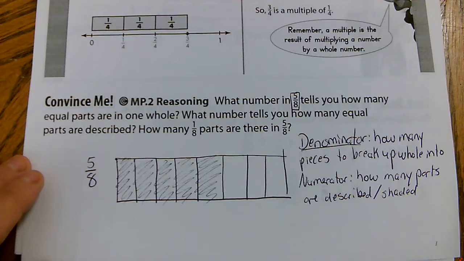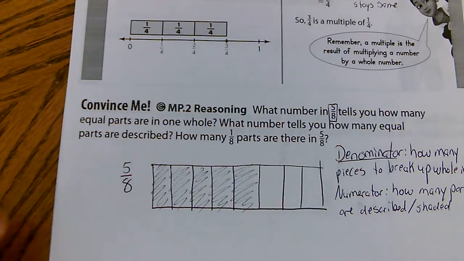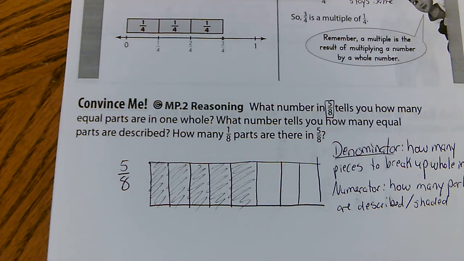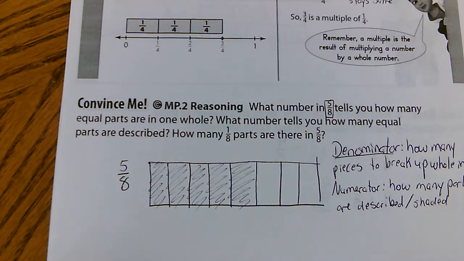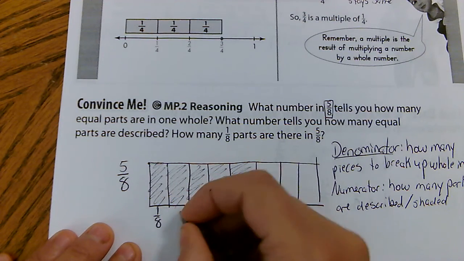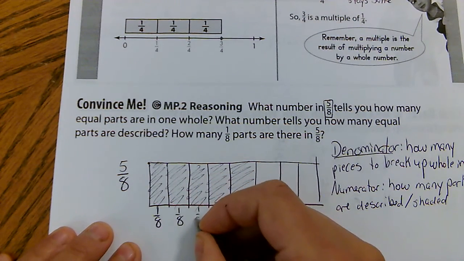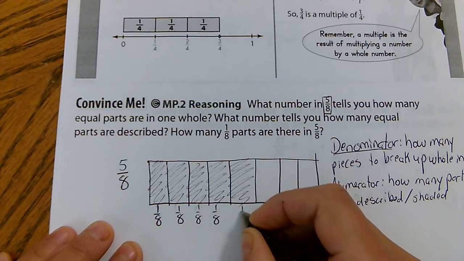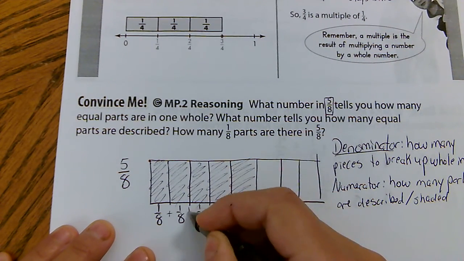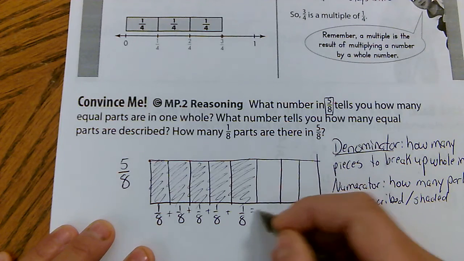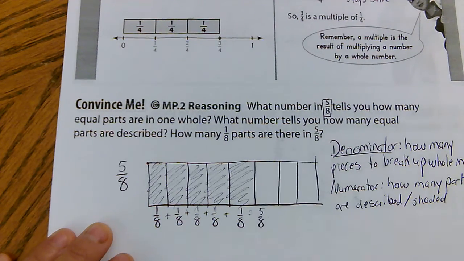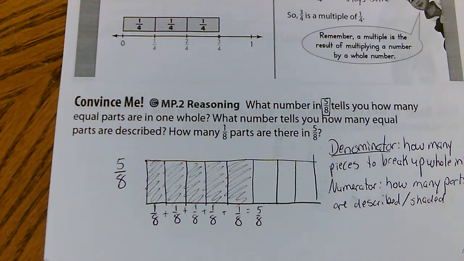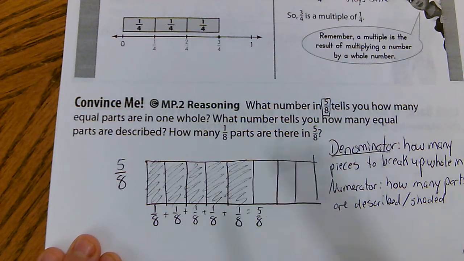Now, if we take a look, it also says how many 1/8 parts are there in 5/8. Well, remember, each of these is 1/8. Each shaded part is 1/8. But this whole part is 5/8. So how many 1/8 parts do you see shaded?